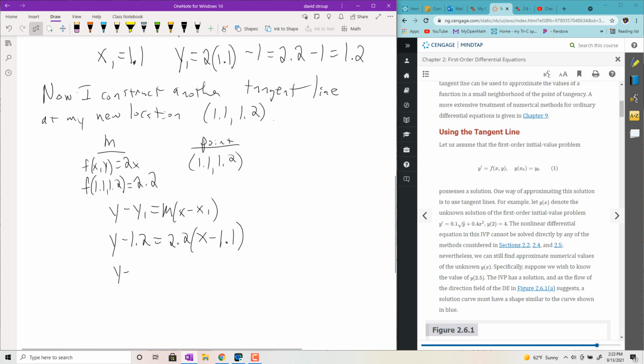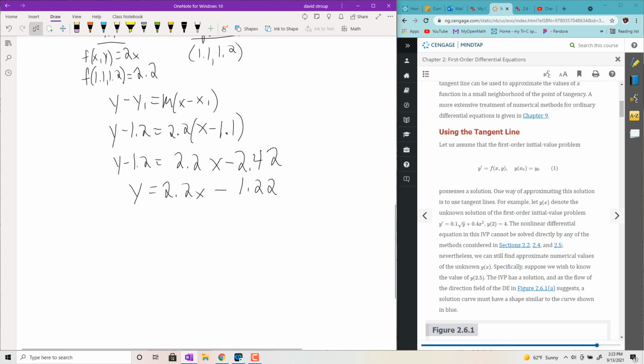So y minus 1.2 equals 2.2x minus 2.42, and then move the 1.2 over, so I get 2.2x minus 1.22.